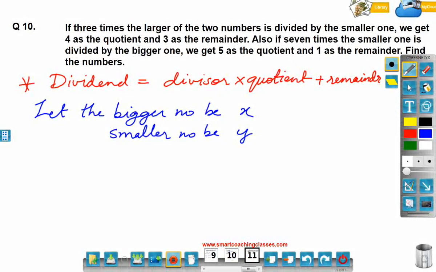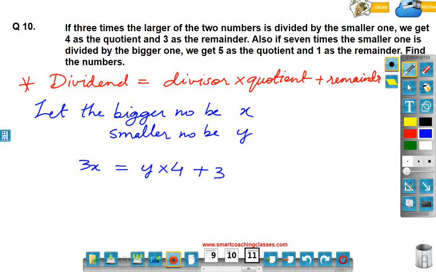If 3 times the larger of the two numbers, so that means 3x. So that is, we are talking about our dividend. Okay. So if 3 times the larger of the two numbers is divided by the smaller number, that is y, then we get quotient as 4 and 3 as the remainder.